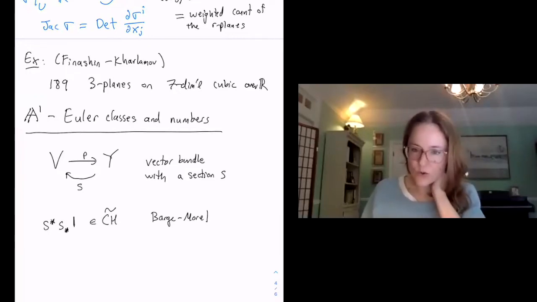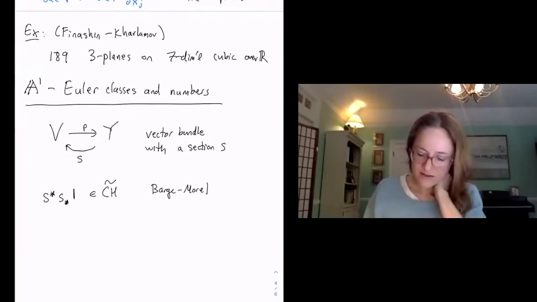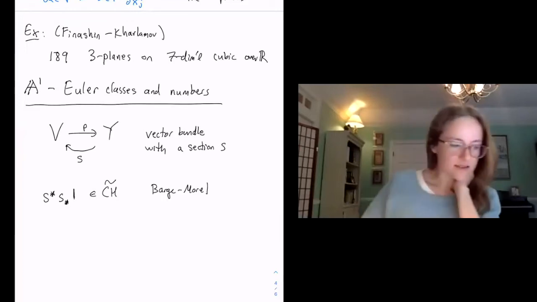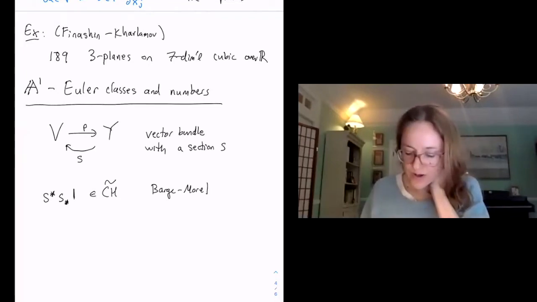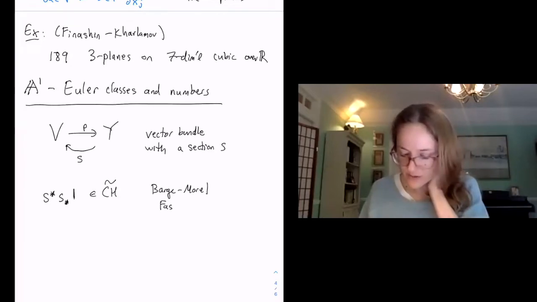Let's list a whole bunch of Euler classes. Although we haven't introduced oriented Chow, it's a sum of cycles with coefficients, and let's not worry about that too much at the moment. And this was further developed by Feazell and Ashok Feazell and Mark Levine.